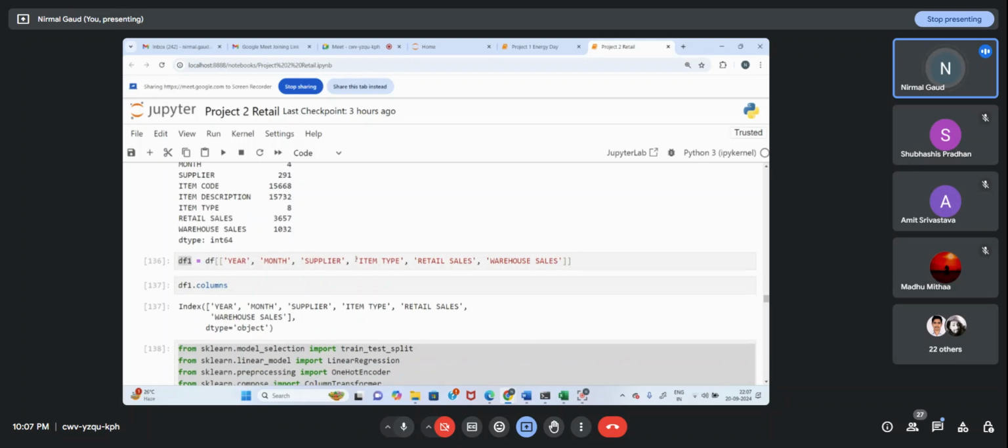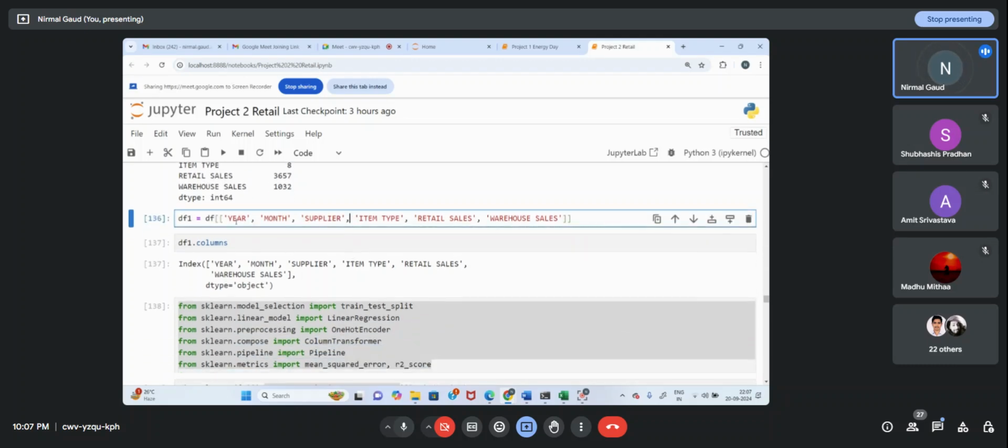So the df1 which I made comprises year, month, supplier, item type. He is the supplier, this is the item which he supplied, this is the sales, this is the warehouse sales. I can give either this or this in the prediction. There are many options for me.